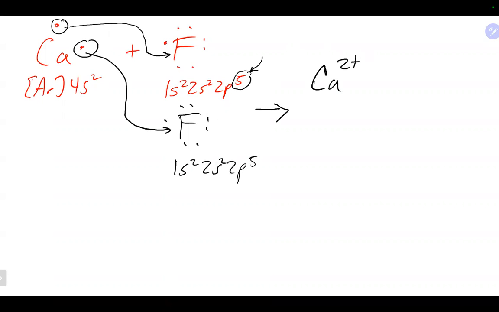It was able to give 1 electron to each of the fluorines. Each of the fluorines will pick up 1 electron only, which means each one ends up with a -1 charge, not -2, but -1, because each one picked up just 1 electron.